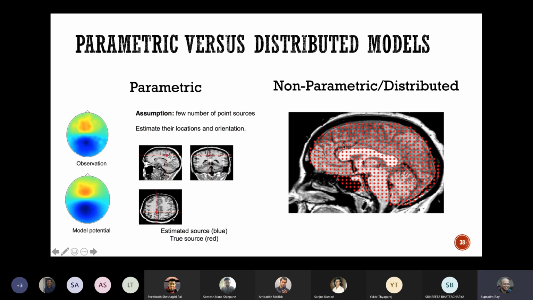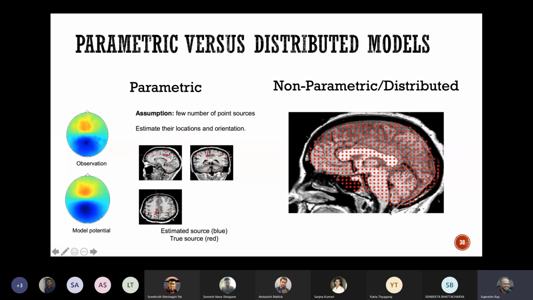That's one approach. The other one is where you say that I'm going to have a dipole at pre-specified locations all over the brain, like shown here in red dots. There are a ton of dipoles here, thousands of dipoles.